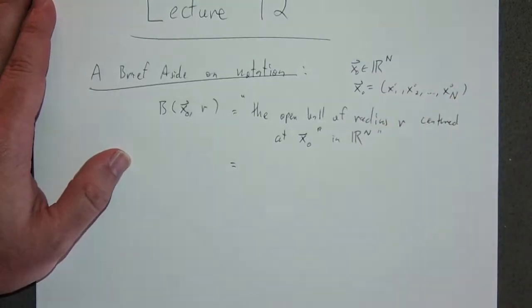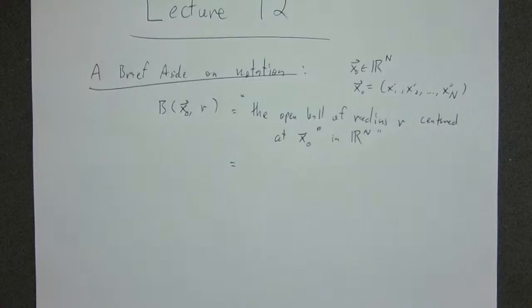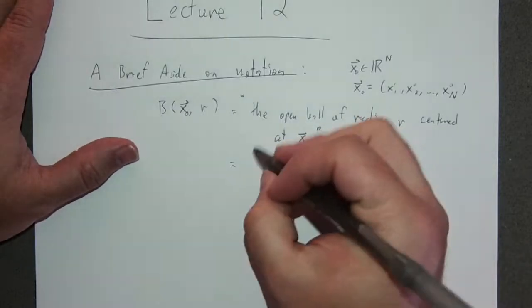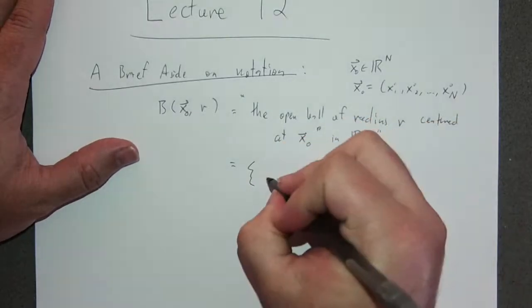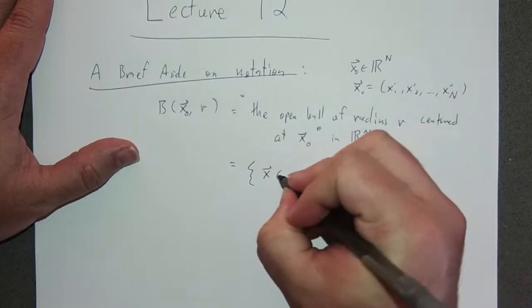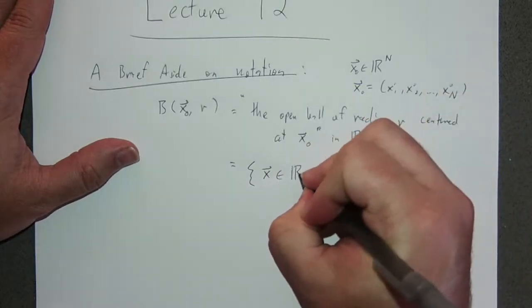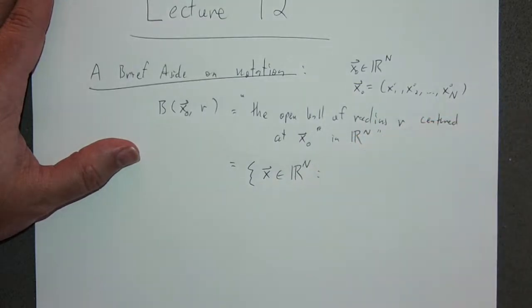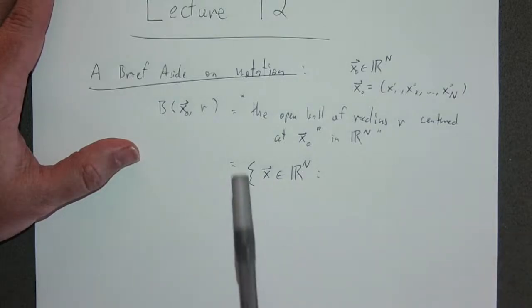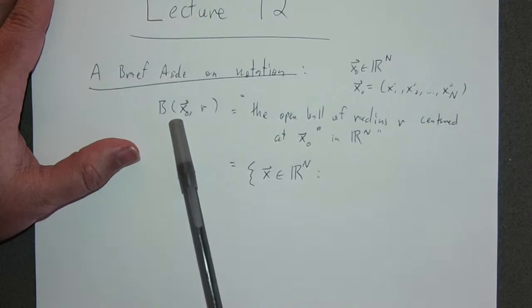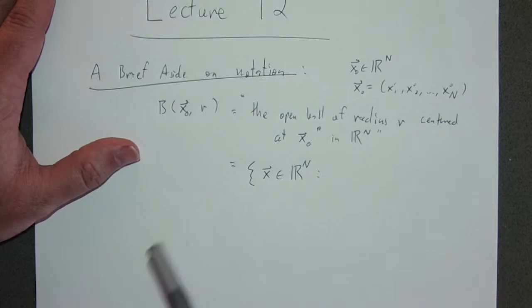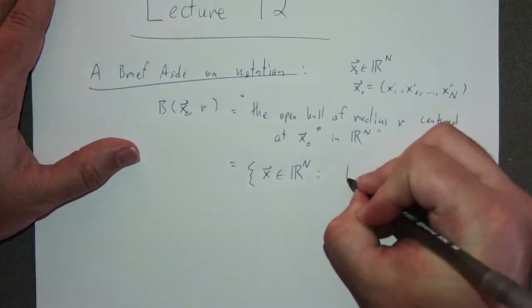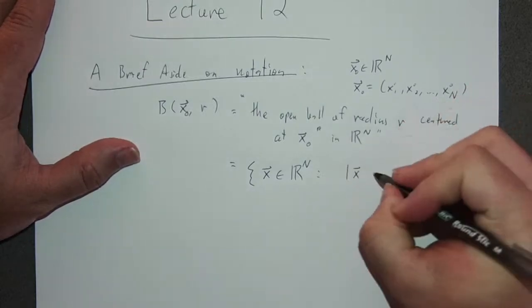In set builder notation, this is the set of all vectors x in Rn such that the distance from x to x naught is strictly less than r. So in this textbook, you're going to see this written in the following way, typically.